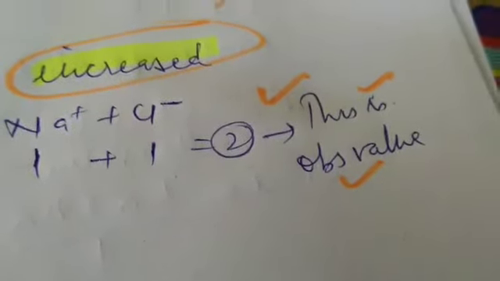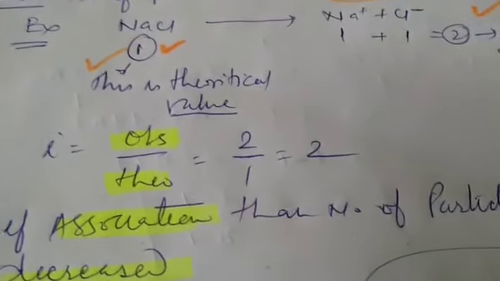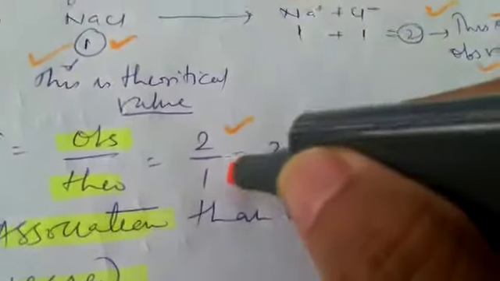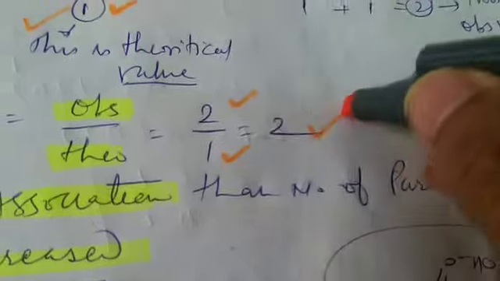So 2 is the actual number of particles after dissociation. This is the observed value and the theoretical value is 1. So the value of i will be, in this case, observed value 2 divided by theoretical value 1, so the value of i will be 2.